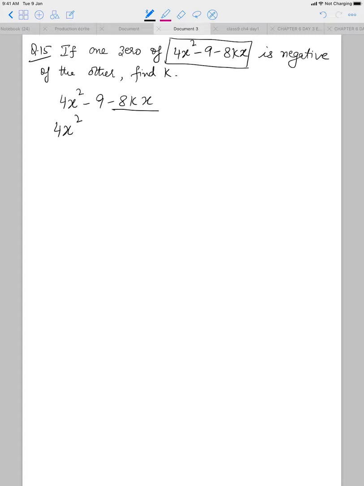Secondly, we should have the second highest degree term, which is x in this case, and then the constant term. This is the standard form of the given polynomial. Now what is a here? a is equal to 4, b is equal to minus 8k, and c is equal to minus 9. So these are a, b and c given here.